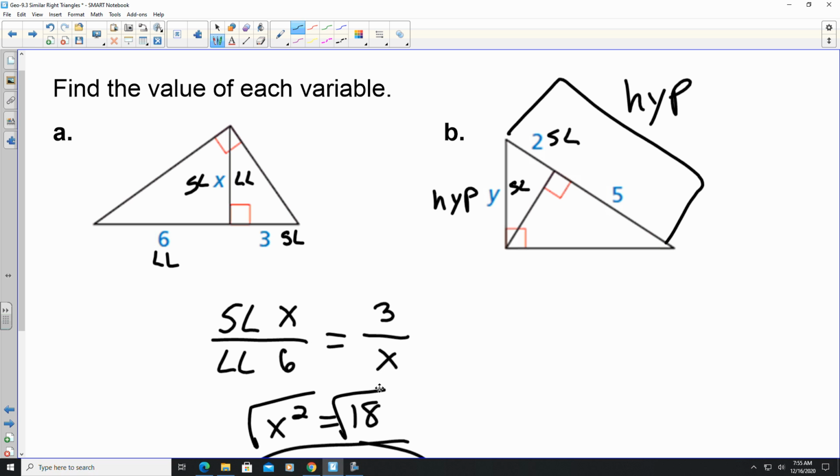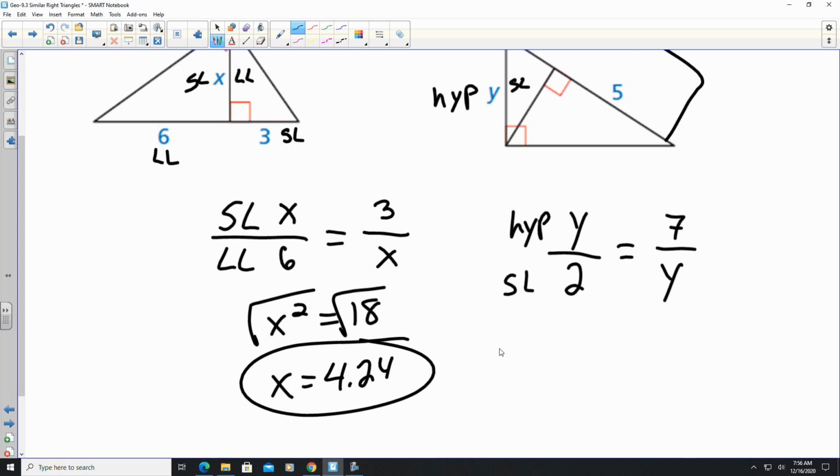So setting up this proportion, if I looked at it with respect to the small triangle, it's going to be y over 2. So hypotenuse I put on the top, short leg on the bottom, and it's going to be proportional to, if I looked at it with the large triangle, hypotenuse for the large triangle is 7, 2 plus 5 is 7, divided by short leg, which is y.